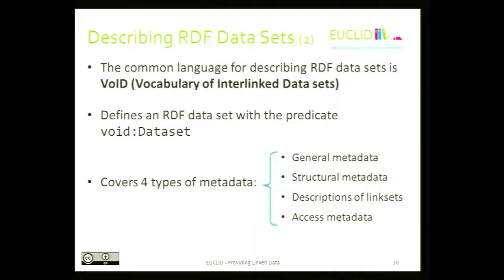We have general stuff, the catch-all. We have the structural things, so what it means interpreted as a graph. We have description of link sets, okay? Because one of our four principles is how well is it linked with other things. We can really describe its link sets, those sets of statements that are about interlinking. And then we have the access metadata. How do you get it? How do you use it?